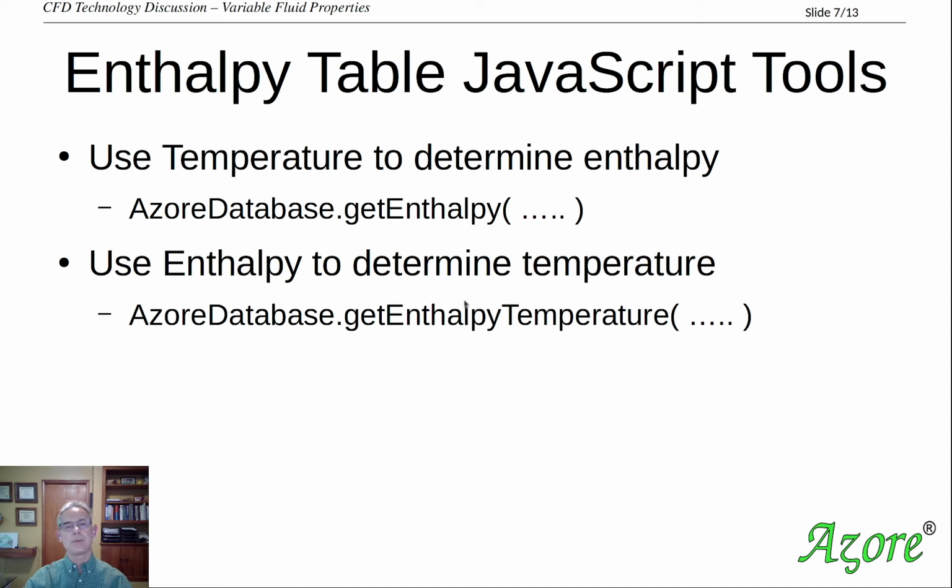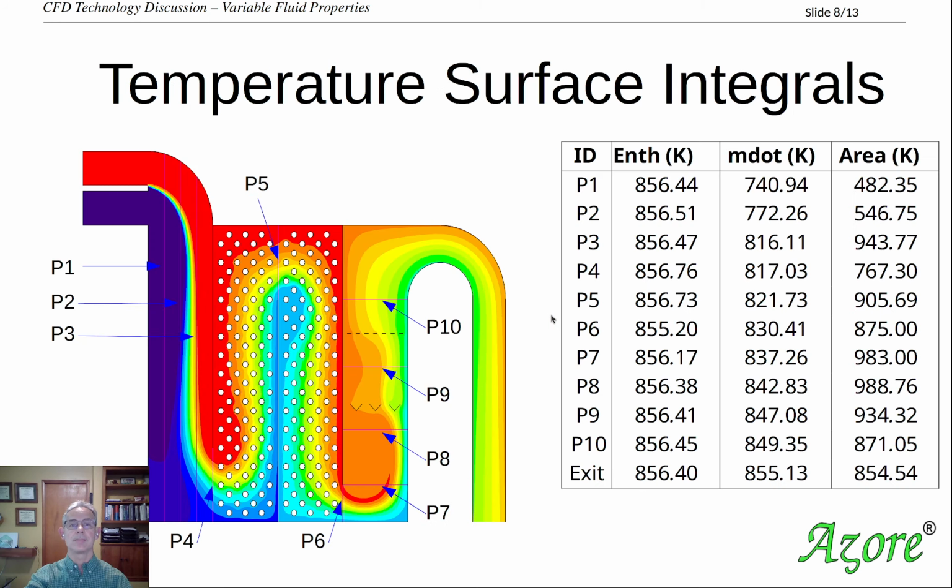The other one is if you want to go in the other direction, say you want to get the temperature if you have the enthalpy value. You would give the enthalpy and the mixture information, and it would determine the temperature, kind of like looking it up on that curve. These are tools that are readily available within the Azore environment.